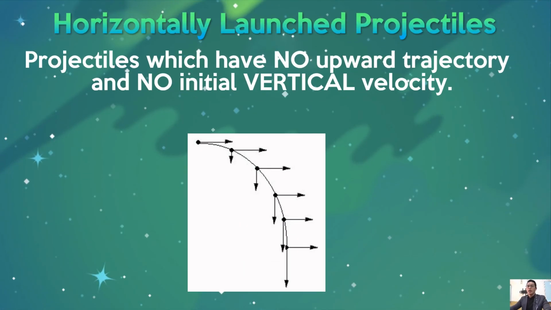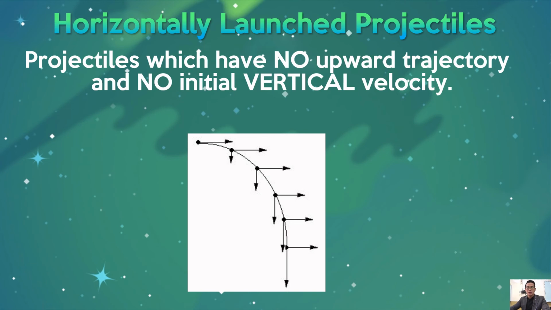If we now try to horizontally launch a projectile, as you can see here in this image, when we say horizontally launched projectile, we mean projectiles which have no upward trajectory and no initial vertical velocity.